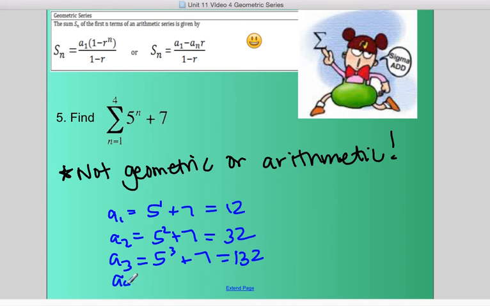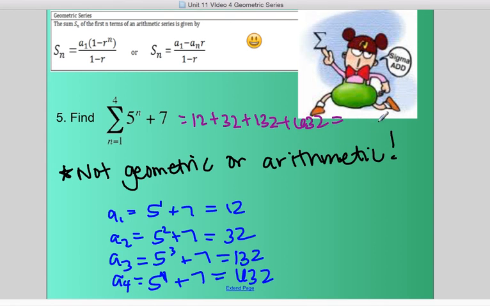A sub 4 is 5 to the fourth plus 7, so 625 plus 7 is 632. So in order to solve this one, I'm just going to take 12 plus 32 plus 132 plus 632 equals, type it in your calculator, 808. And there it is.